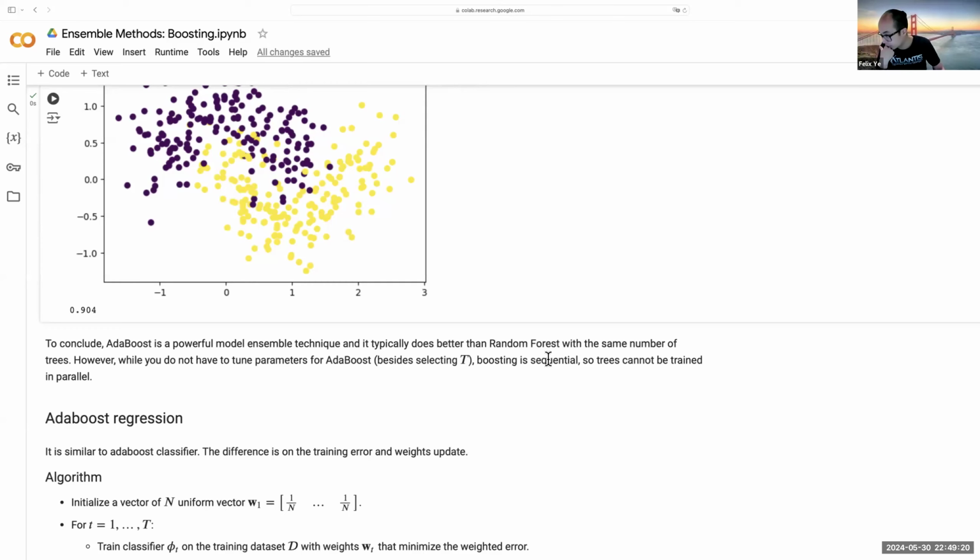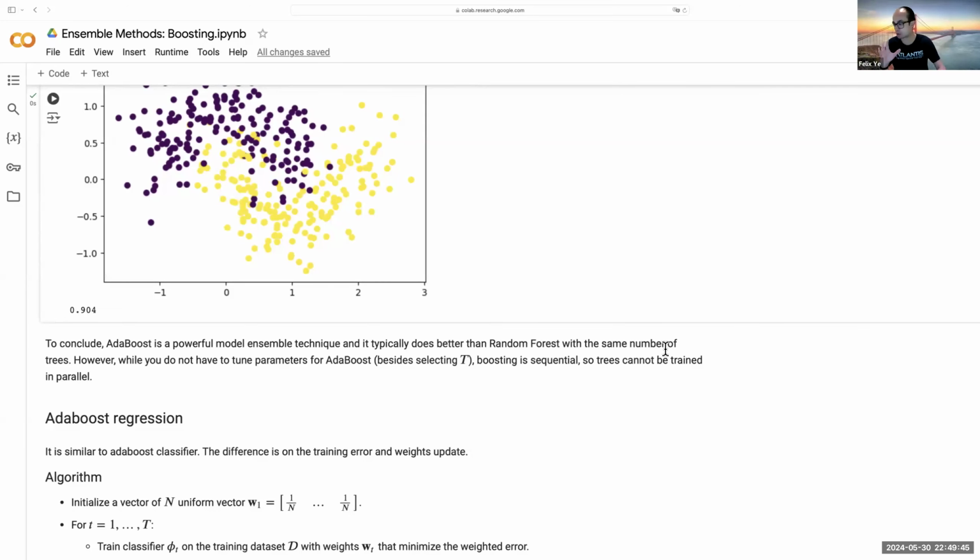So it's very good, and it's very effective because it will focus on training your models on those points where you make mistakes. But there's a very important disadvantage of this AdaBoost: this boosting algorithm is actually sequential. That means these trees cannot be trained in parallel.